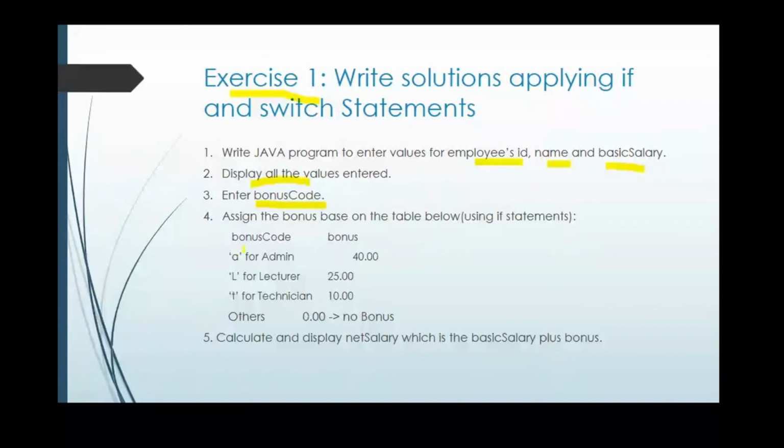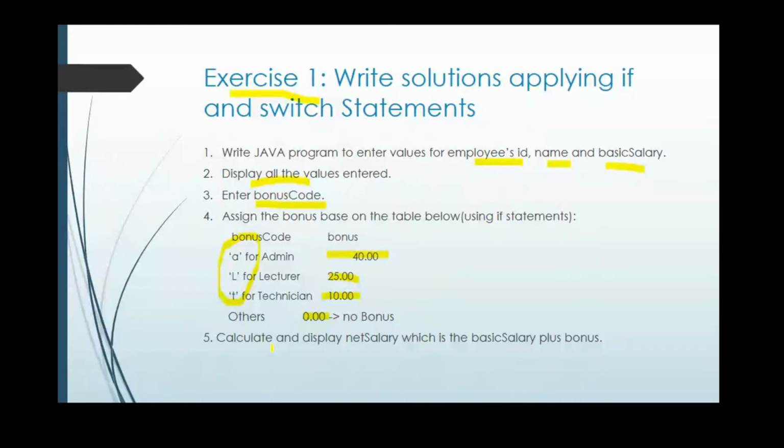If it's 1, the bonus value is 40. If it's 2, bonus value is 25. If it's 3, bonus value is 10. Other values, you don't have to assign any bonus at all. In this given example, we are using a character data type instead of integer data type.